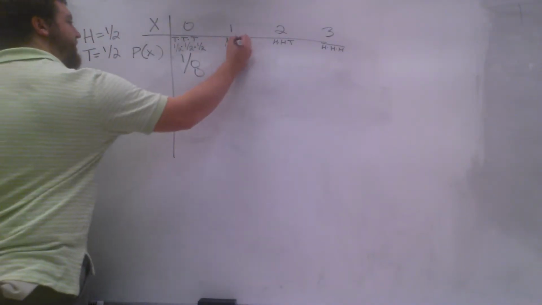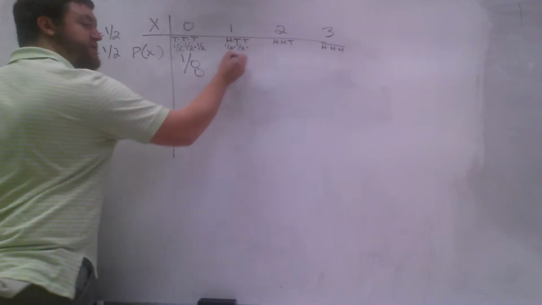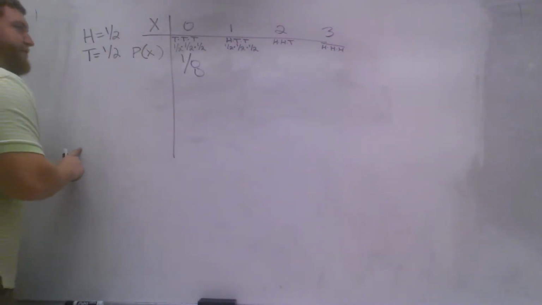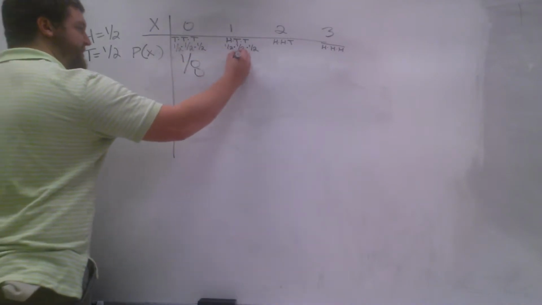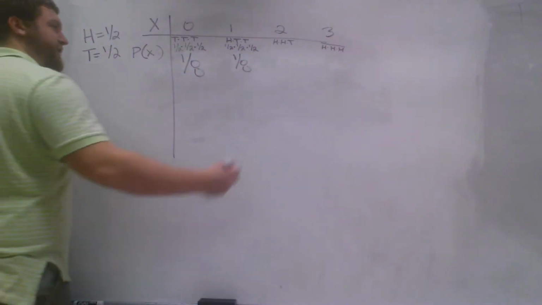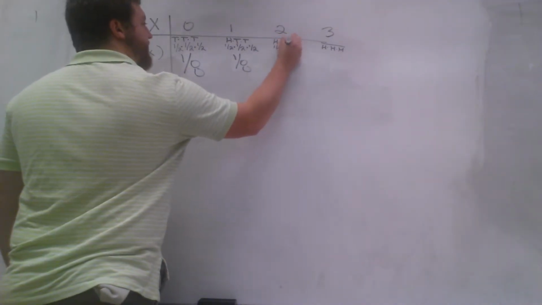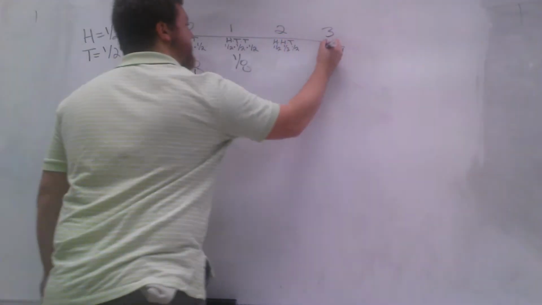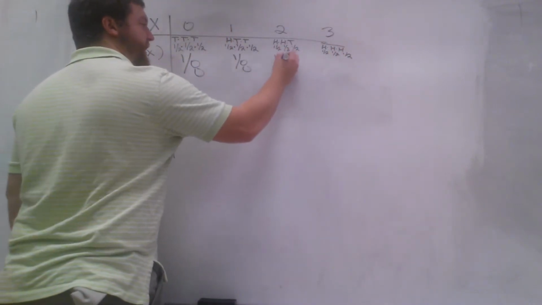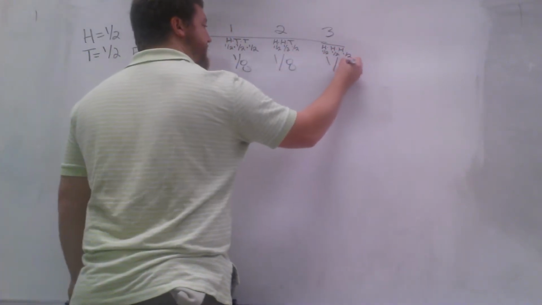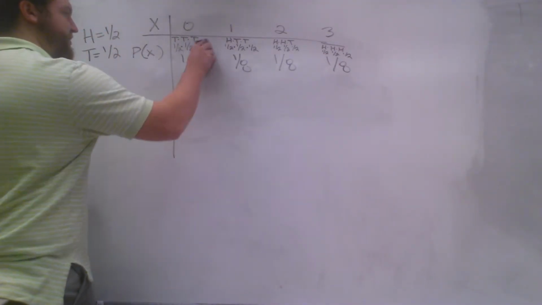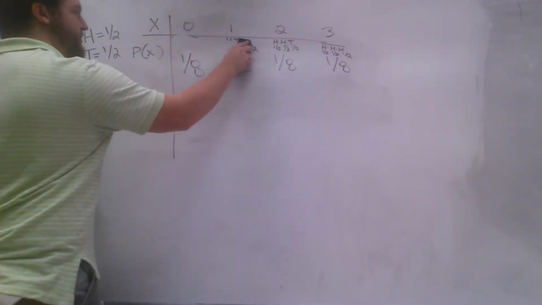Then I get a tails, 1/2. And another tails, 1/2. So once again, half times half times half, I get 1/8. You should see a trend. So what I get is 1/8 for all of them. I'm going to erase the numbers above that and just leave the 1/8 so that you don't get confused. Because I get confused.